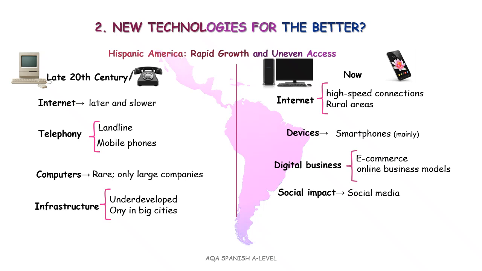And social media and messaging apps have transformed communication, entertainment, and even civil participation. Organizations like the Inter-American Development Bank are working to expand internet access to remote and rural regions.